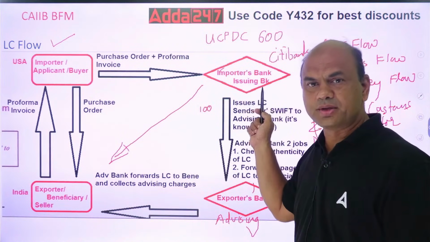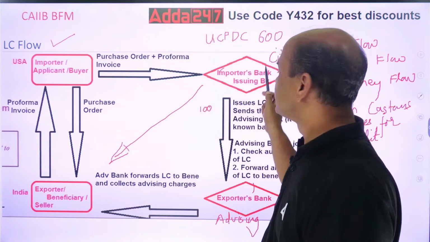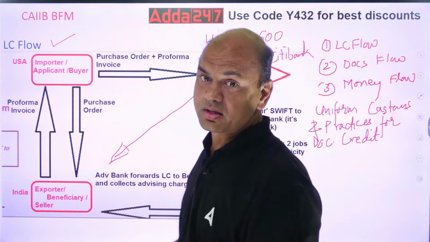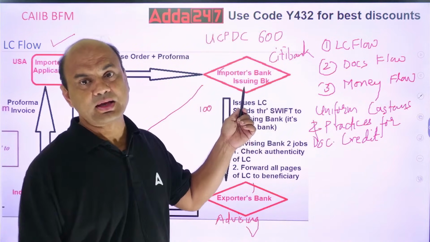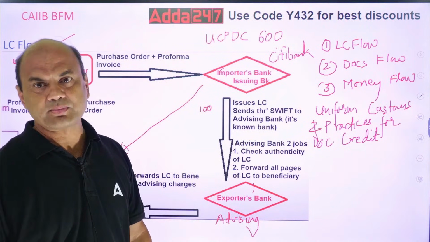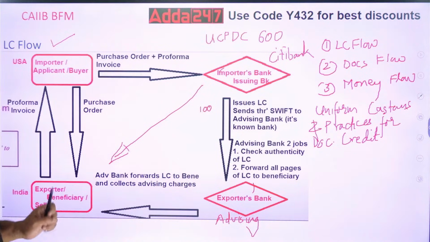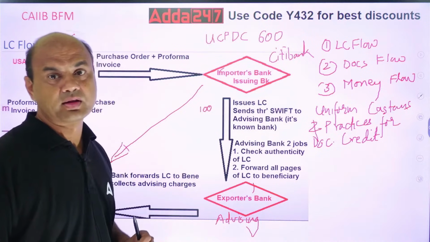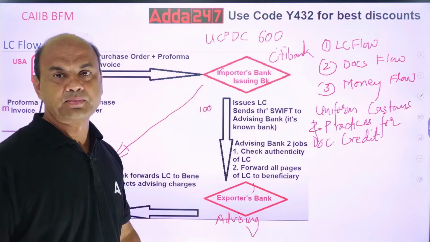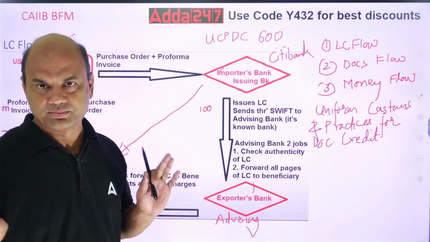Once this LC is prepared, what does this mean? It means that this issuing bank is giving the guarantee of payment. Now the buyer is not concerned with it. This issuing bank is telling this seller that if you send me the documents, not goods, if you send me the documents as per my conditions, I will pay you.